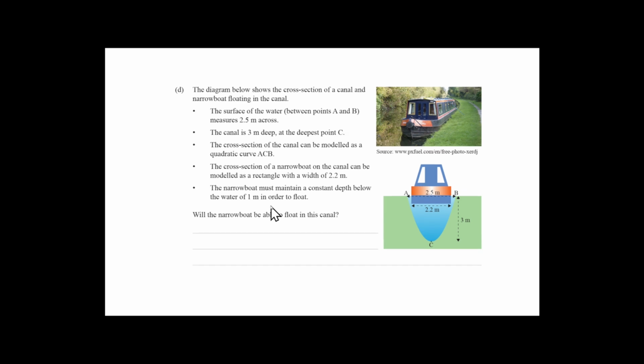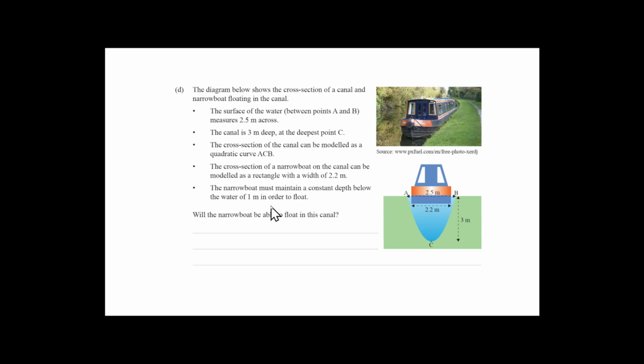But here's one that won't be nice. All right. Diagram below shows cross-section of canal. Okay. The surface of the water between A and B is 2.5 meters across.